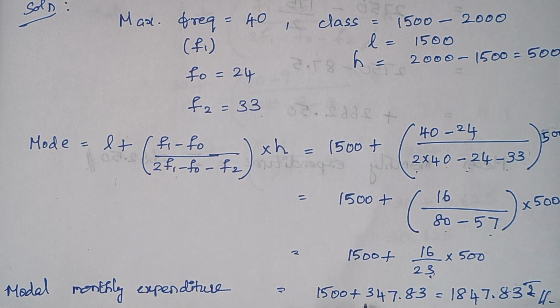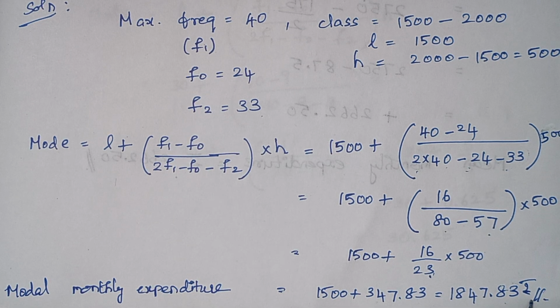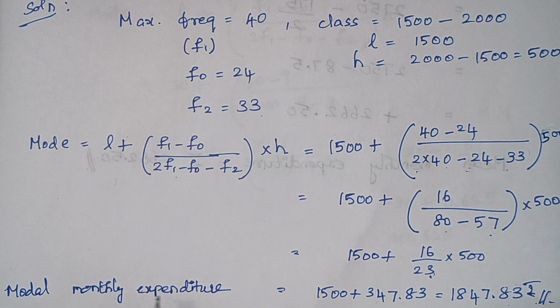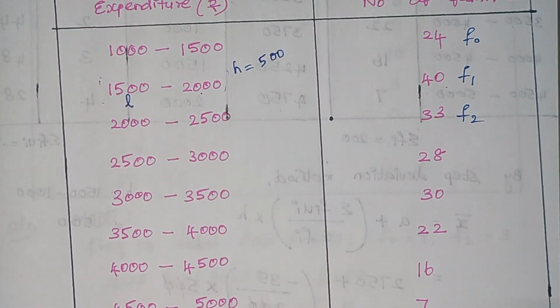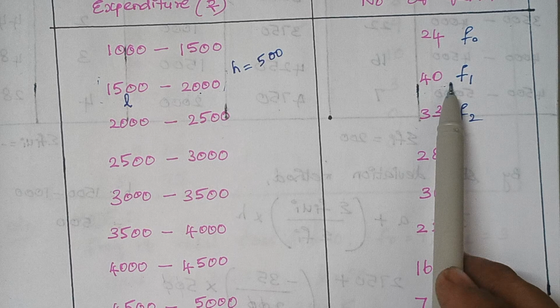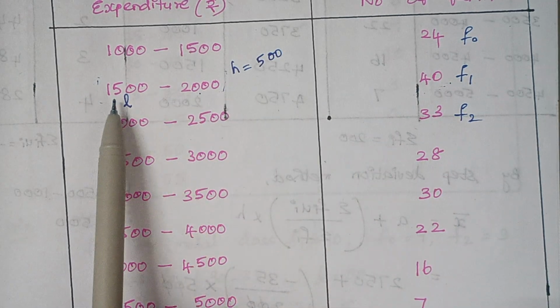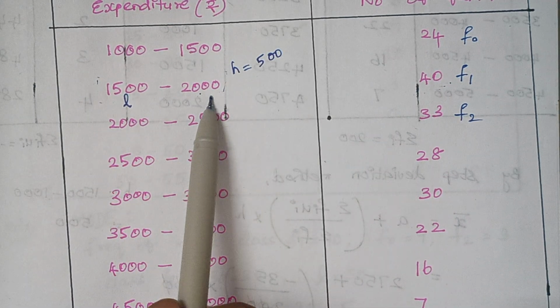So 1500 plus 347.83 gives you 1847.83 rupees. So this is the modal monthly expenditure of the families. So again we can just have a cross check. Here the answer is 1847. So when you look at the table, the maximum frequency is 40 and here the range is 1500 to 2000.